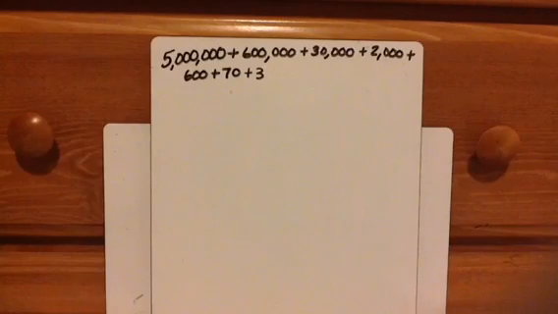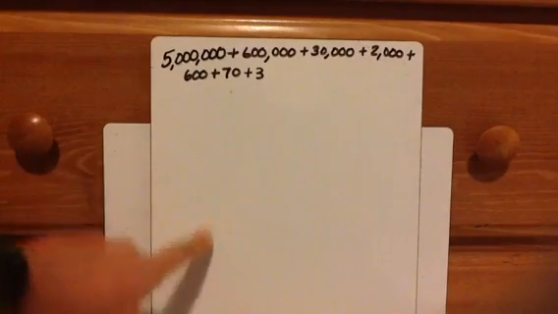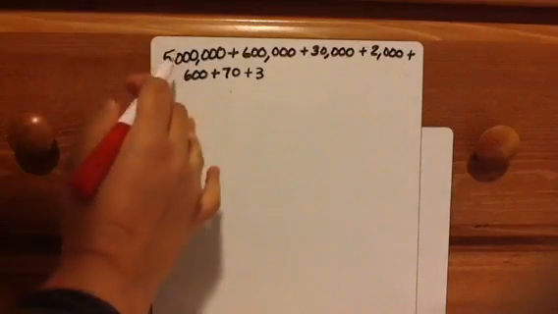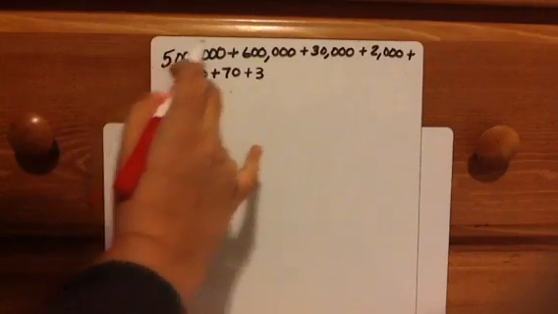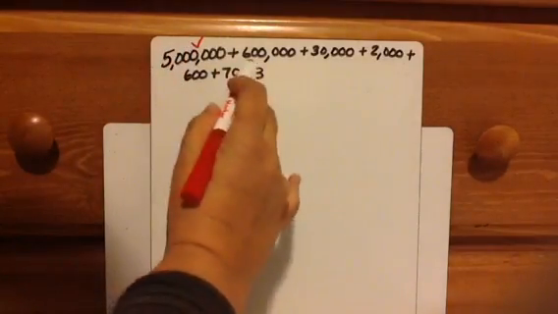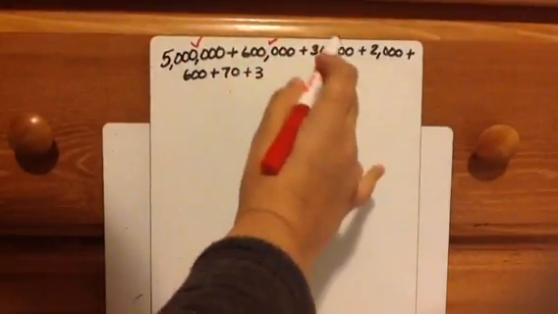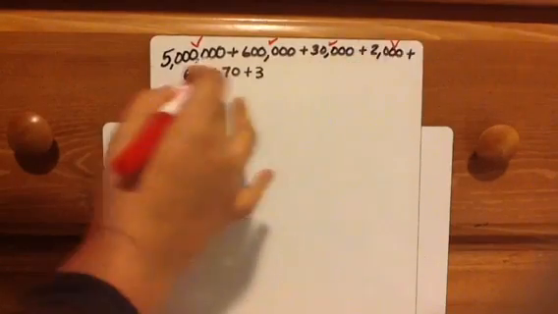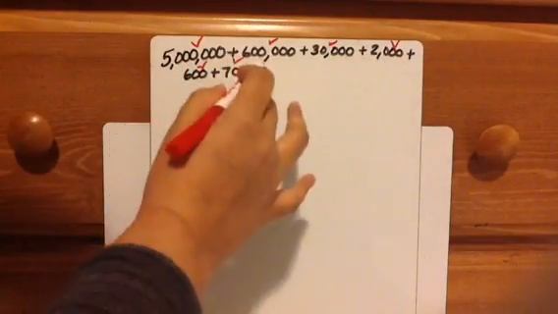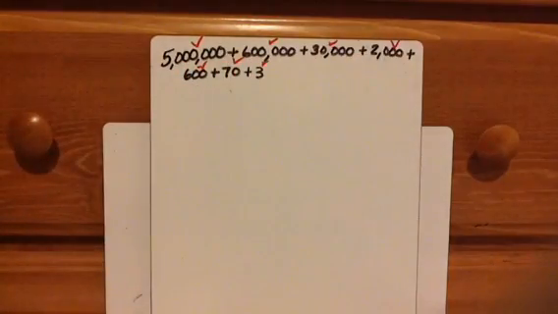So what I would do is solve it up and down, write your answer out up and down, and then look at your answer and match it up. Just make sure, does that say 5 million? Yes. Does that say 600,000? Yes. 30,000? Yes. 2,000? Yes. Plus 60 plus 70 plus 3. So that's how you know your answer.